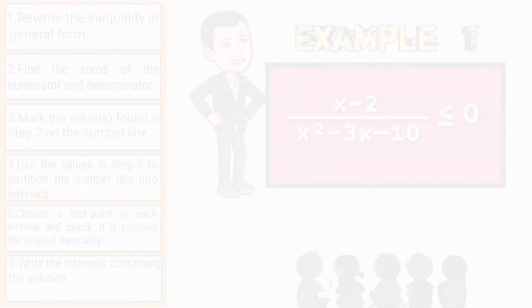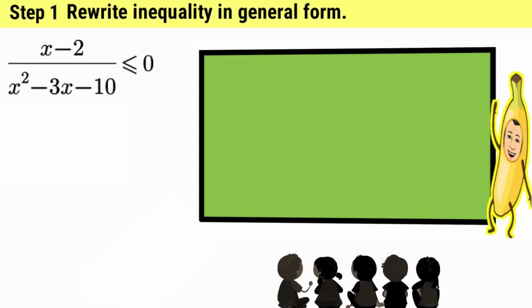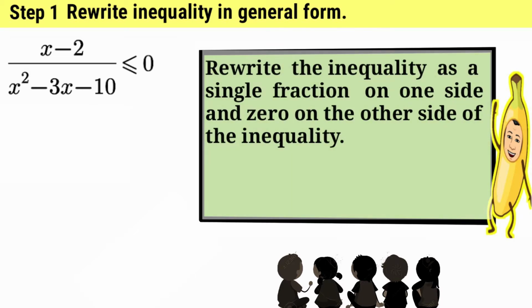Step number 1. Write the inequality in general form. Meaning, rewrite the inequality as a single fraction on one side and 0 on the other side of the inequality. As you can see, the left side of the inequality is already a single fraction.